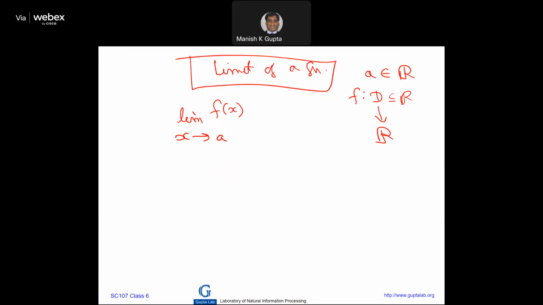You can find out the domain of the function. You might have done all kinds of exercises. So I want to find the limit of the function f of x as x tends towards a. And this time, the definition is in terms of epsilon delta. So the idea of the epsilon, I'm going to slightly change. So what is happening, you see?